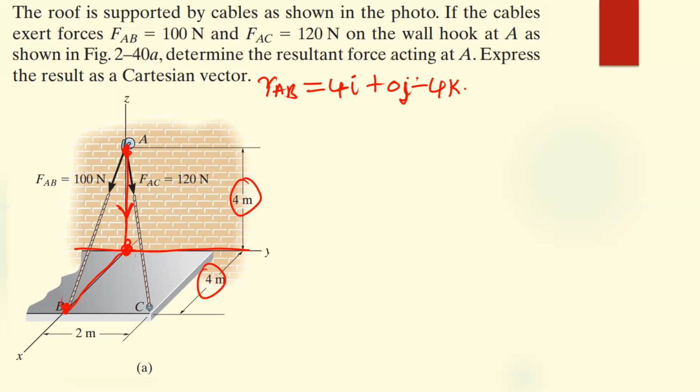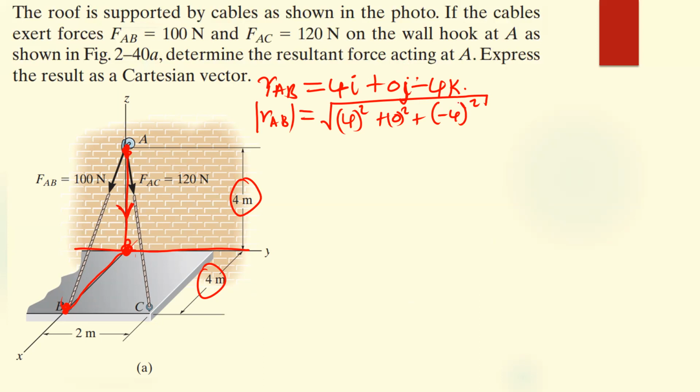How do you find it? It's simple. You first have to find the magnitude of AB. The magnitude of the position vector AB is the square root of 4 squared plus 0 squared plus negative 4 squared.